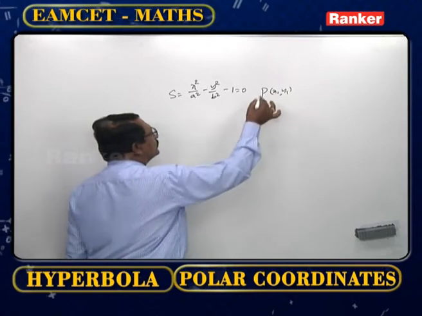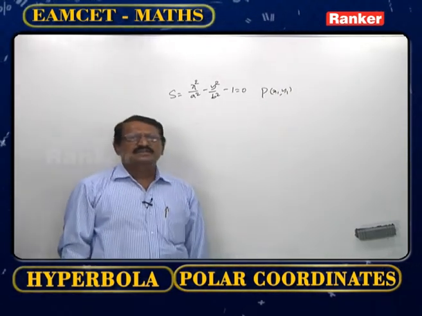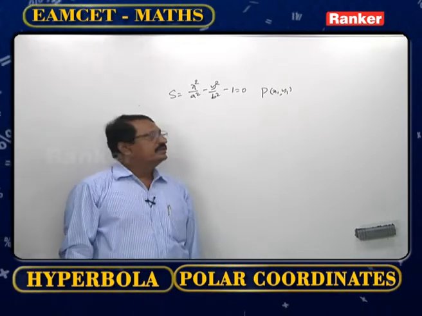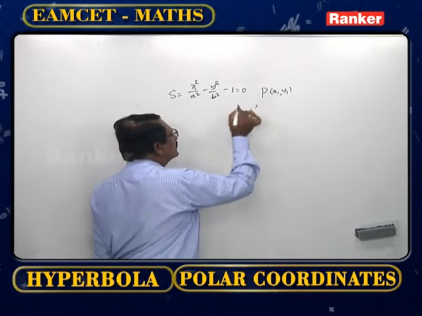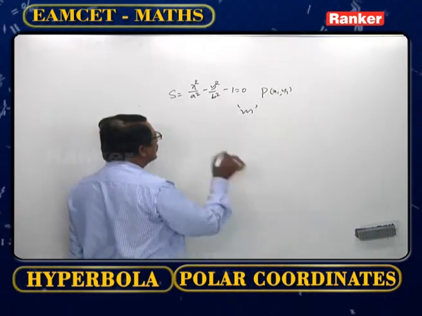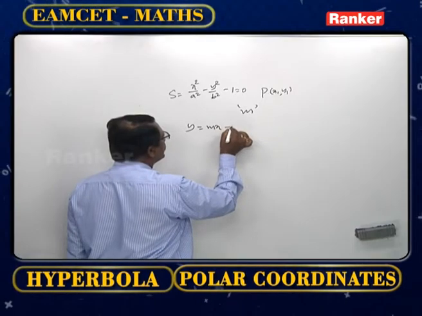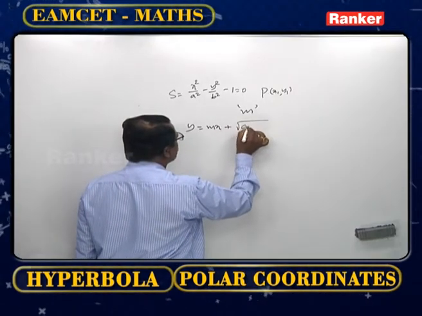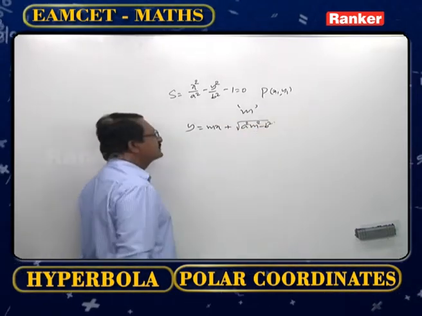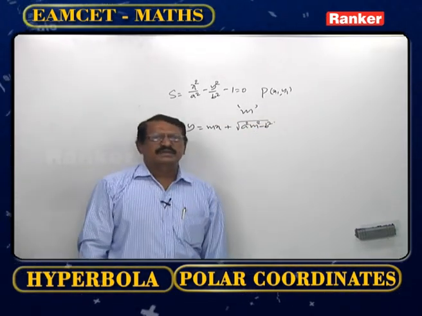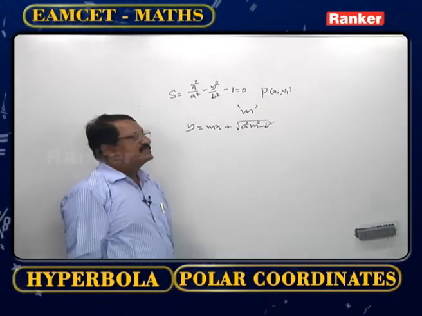If the point P(x1, y1) lies outside of the hyperbola, two tangents can be drawn from the external point to the hyperbola. Consider the slope of one tangent as m. Then the equation of the tangent in slope form is y equals mx plus square root of a square m square minus b square, because c square equals a square m square minus b square.